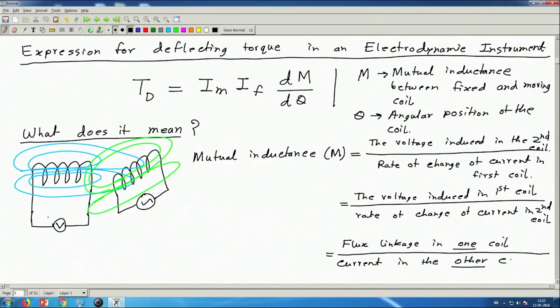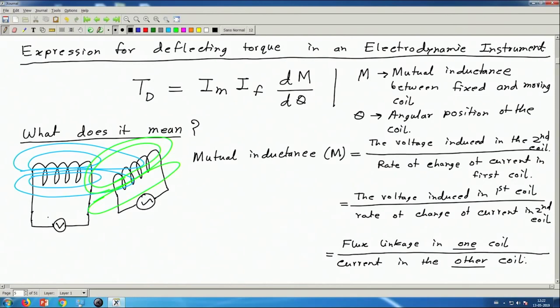So, if there is a current in the first coil, what will be the flux linkage in the second coil, or if there is a current in the second coil, what will be the flux linkage in the first coil. So, this is also another way of defining mutual inductance.